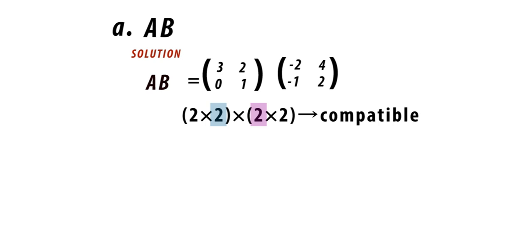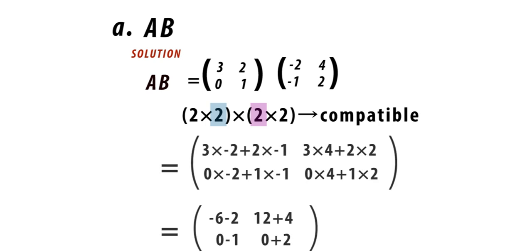So this will be equal to 3 multiplied by negative 2 plus 2 multiplied by negative 1. 3 multiplied by 4 plus 2 multiplied by 2. 0 multiplied by negative 2 plus 1 multiplied by negative 1. 0 multiplied by 4 plus 1 multiplied by 2.